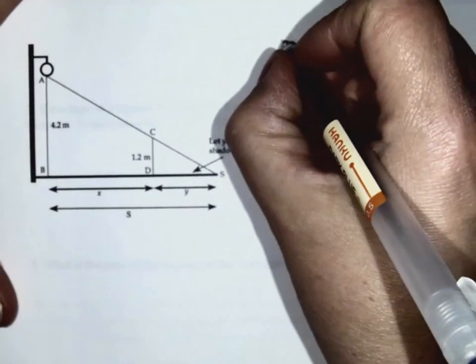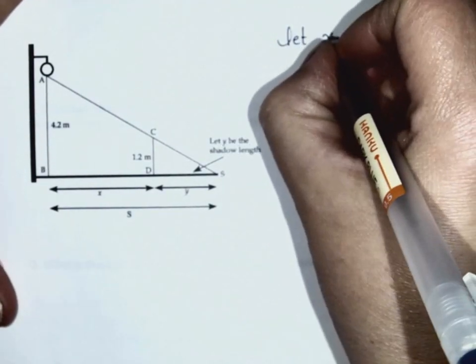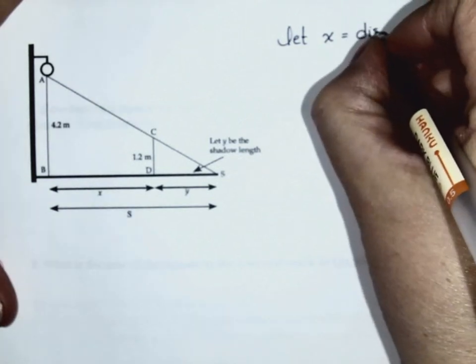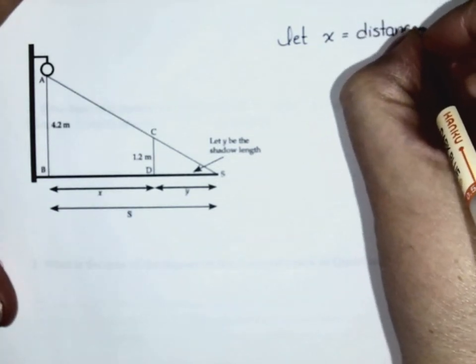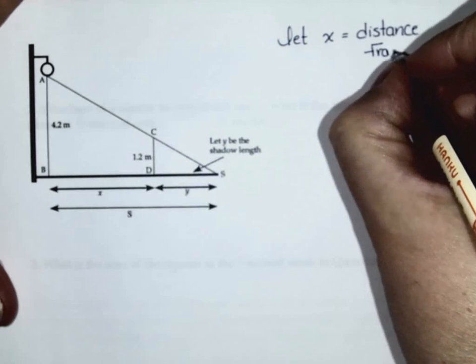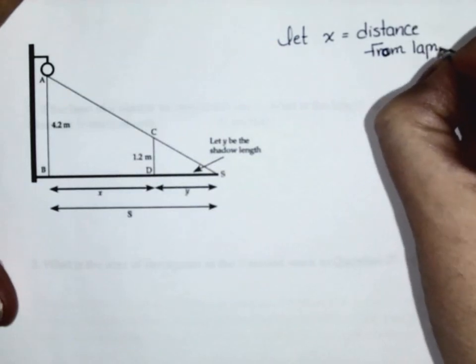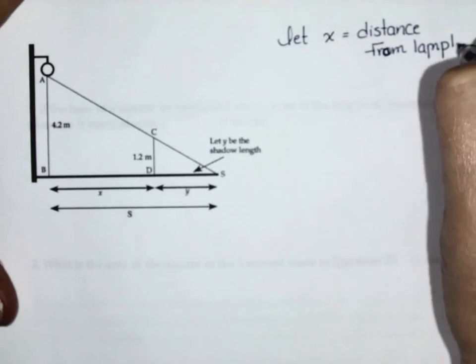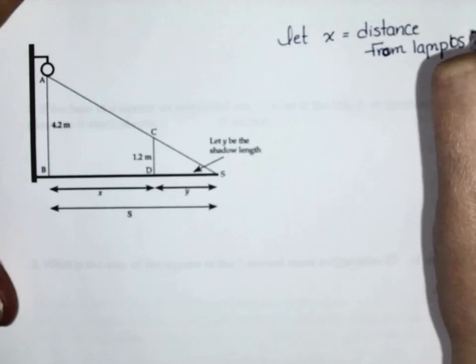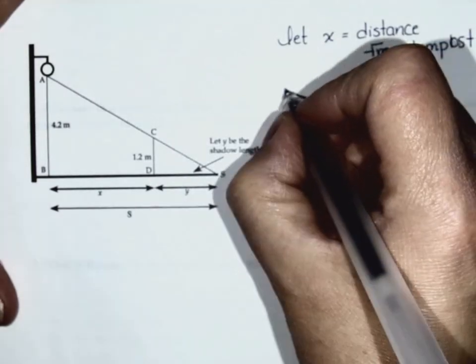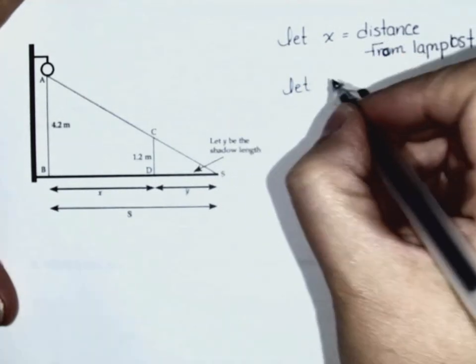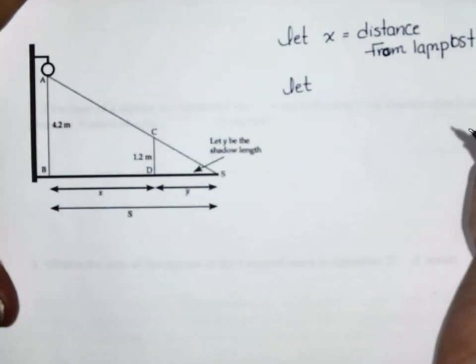So let x equal the distance from lamppost. I'm having a hard time spelling today. Okay, what's y?